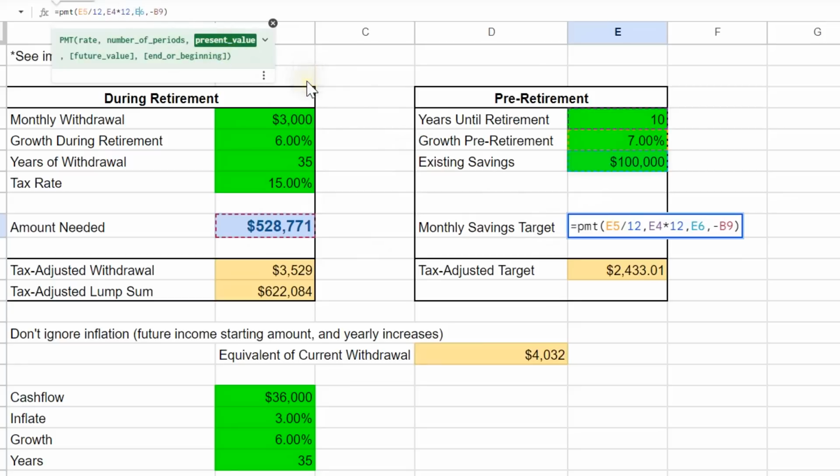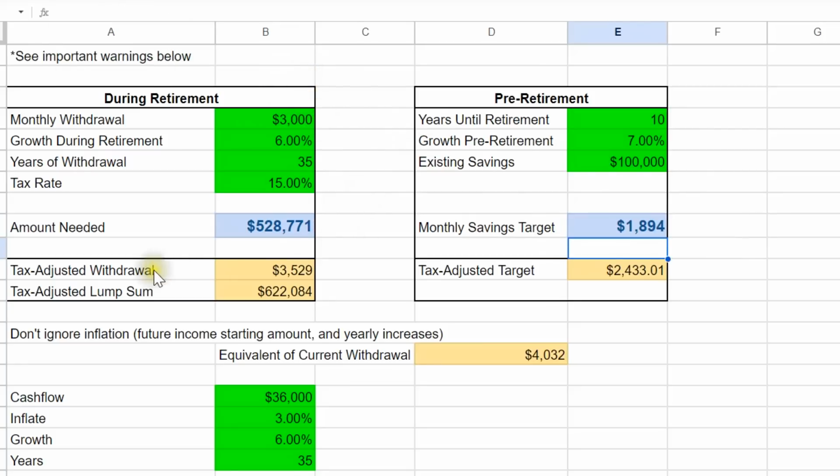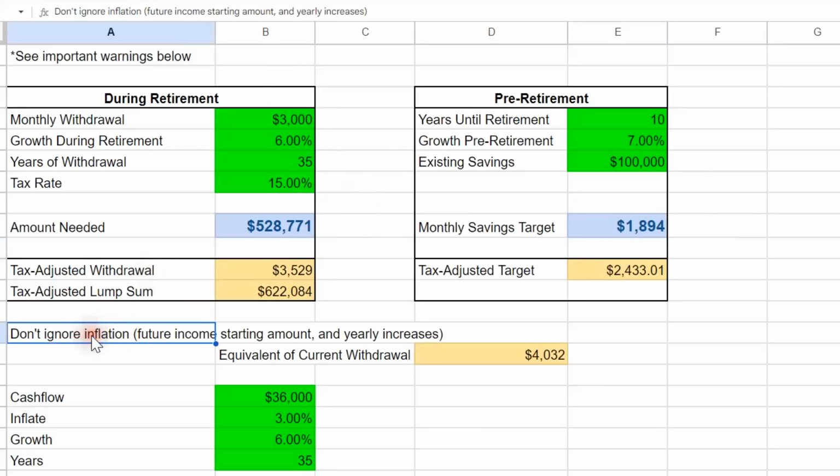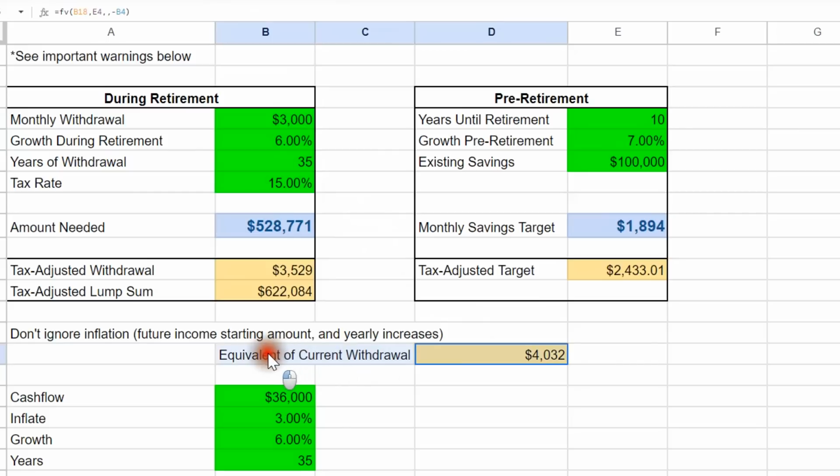Another important thing to consider here is inflation. So if we say you want to spend $3,000 per month, but that's not going to happen for another 10 years, we need to adjust your spending for inflation so that you don't lose any purchasing power. So in this case, we might do a pretty simple future value calculation, and that's where we say the amount you want to spend over that number of years based on some inflation rate.